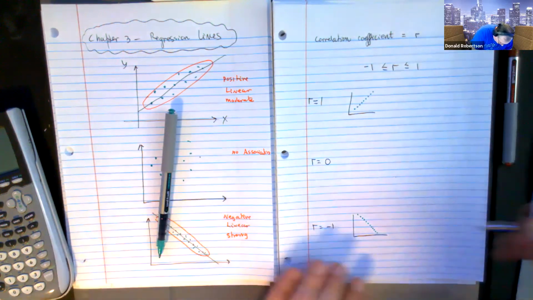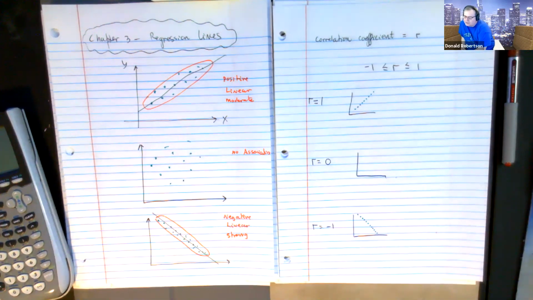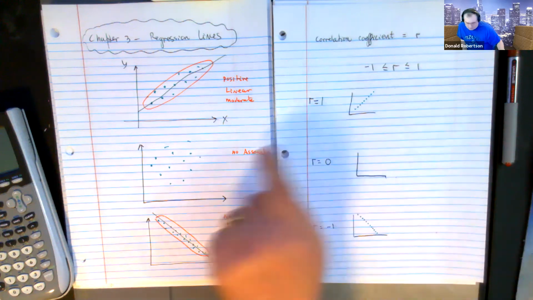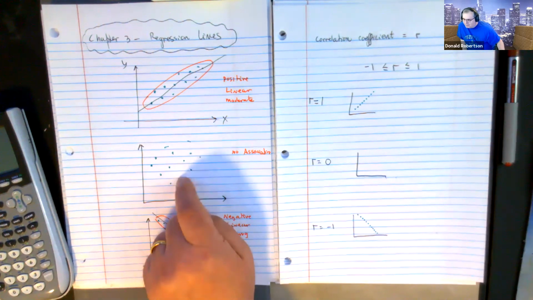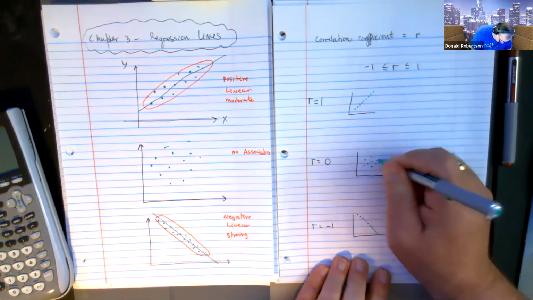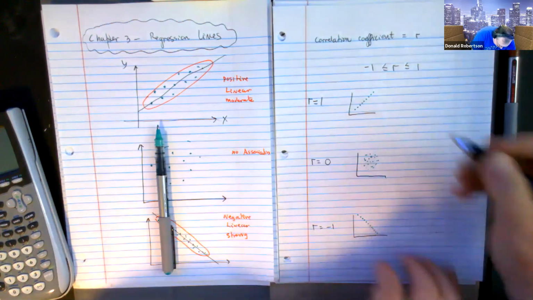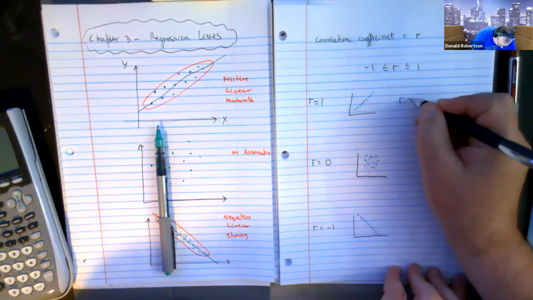Hopefully it's kind of obvious what a zero is. What would a correlation of zero look like if I did a scatter plot? Like that one, yeah. So we can tell if R is greater than zero.